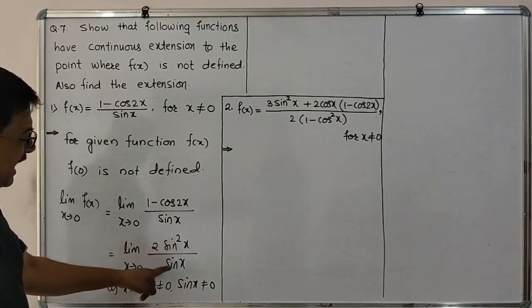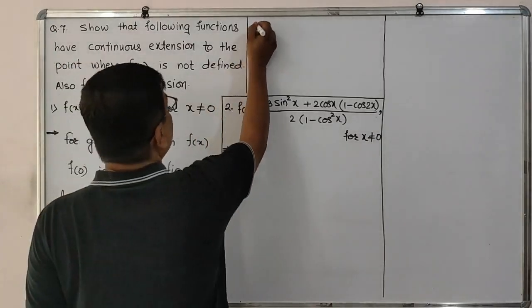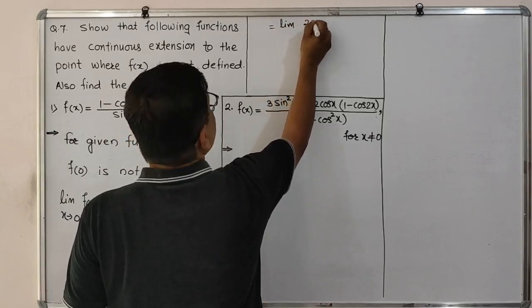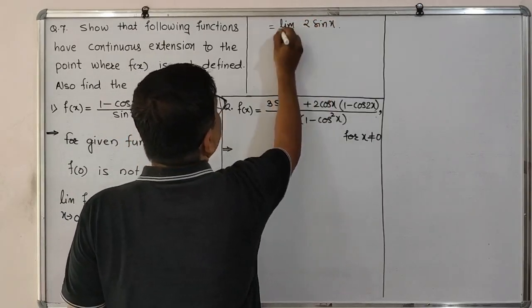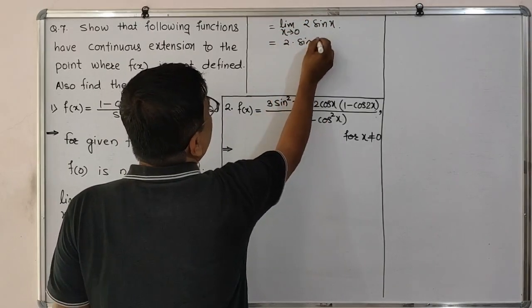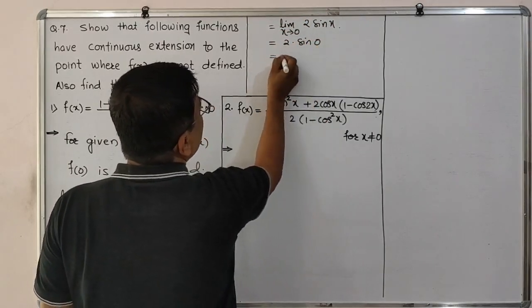Here sin x can be cancelled, and we have limit of 2 sin x as x tends to 0. Now put this value: it is 2 into sin 0, and we know that sin 0 is 0, so it is 0.